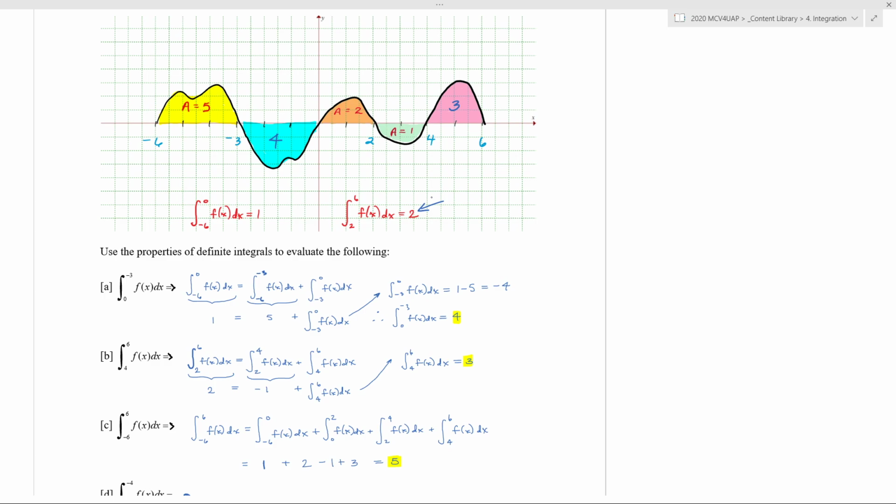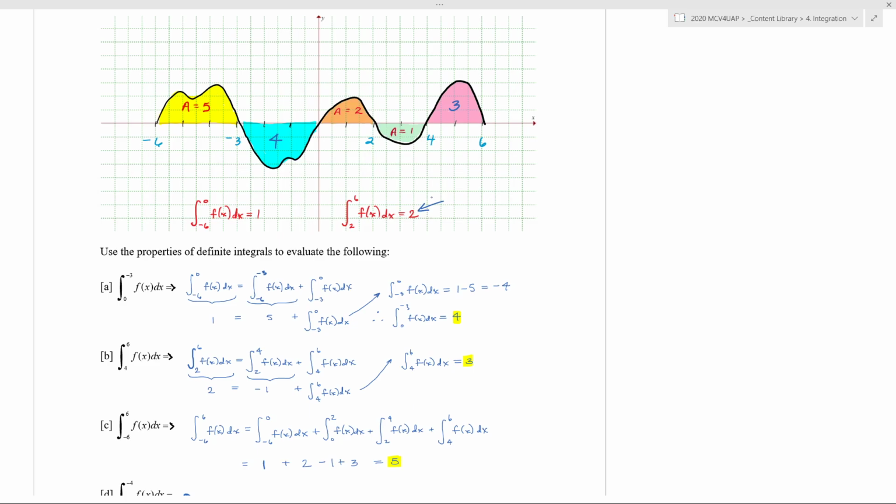Now we've discovered what all those areas are: 5, 4, 2, 1, and 3. Part C says, what is the value of the definite integral of f of x from -6 to 6? Well, because we're integrating from left to right, the yellow, the orange, and the pink are all considered positive contributions, and the blue and green would be negative contributions.